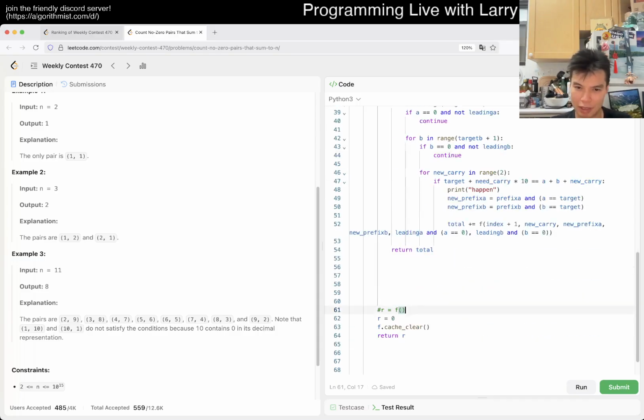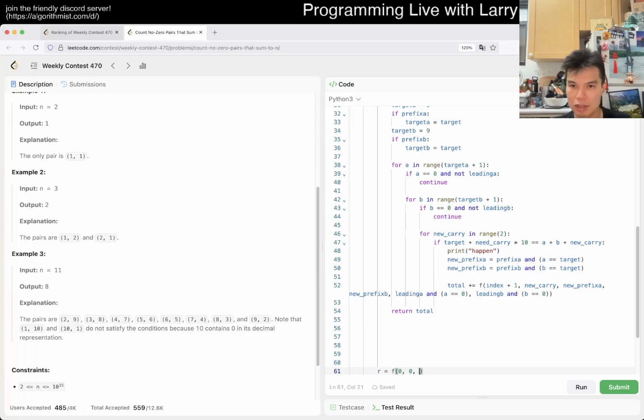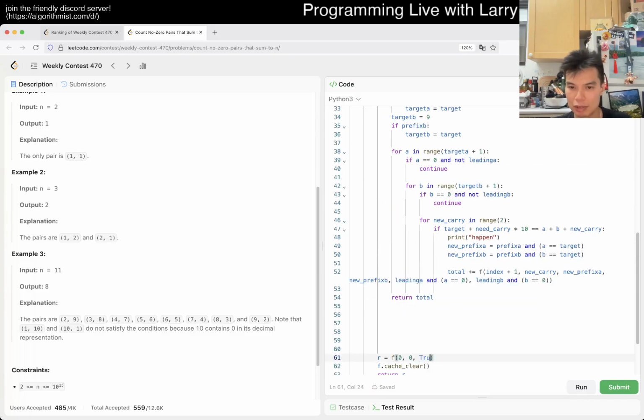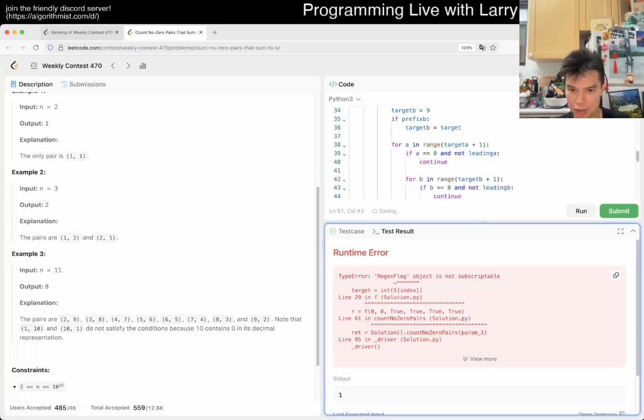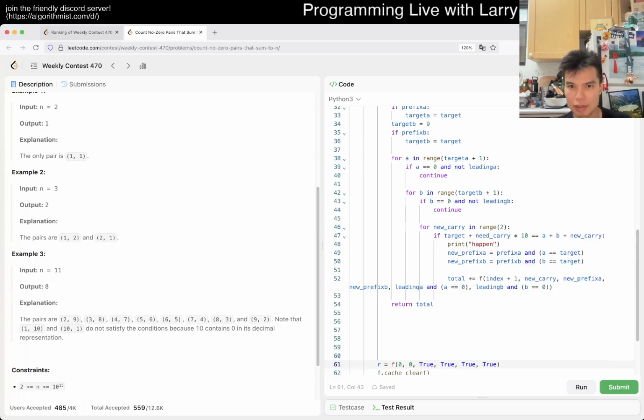Oh, well, I don't kick it off that way. That makes it hard. Need carry, no. Need prefix A, true, true, true, true. Yeah, I was hoping. Regex not subscribable.